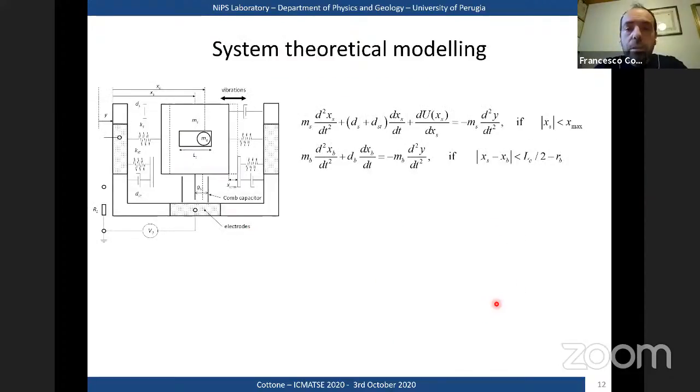I will not provide too many details, but the special characteristic of this system is that inside the seismic mass we put a small microball, a tungsten microball, sorry, and this microball can move freely and hit the boundaries of this cavity.